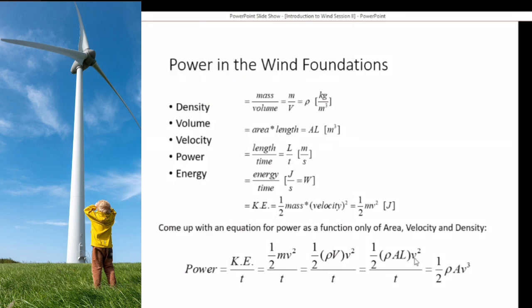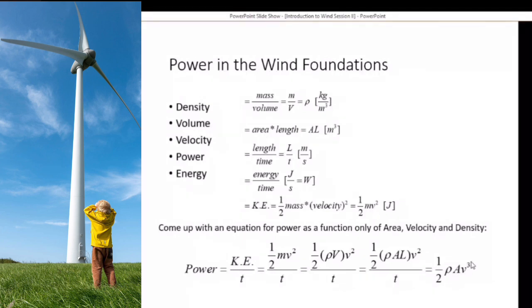We know that length over T is velocity, is distance over time. This distance over time is velocity. That is why it becomes 1/2 times density times area times velocity cubed. The power is depending mainly on density, area, and the velocity.